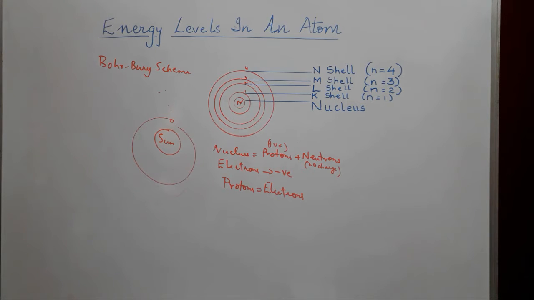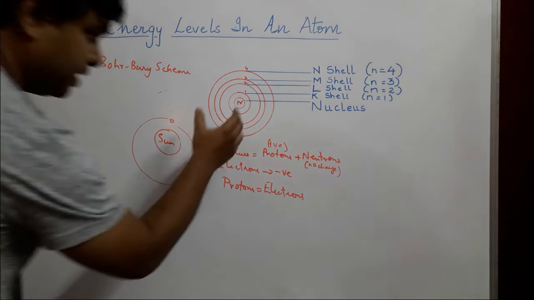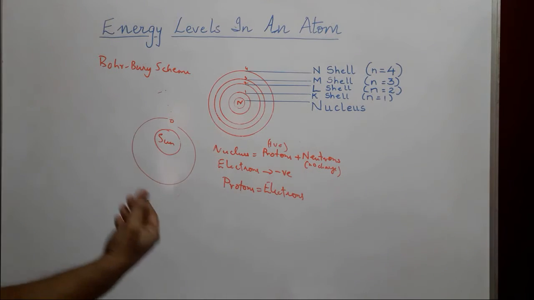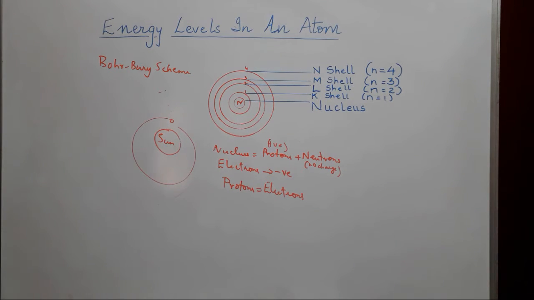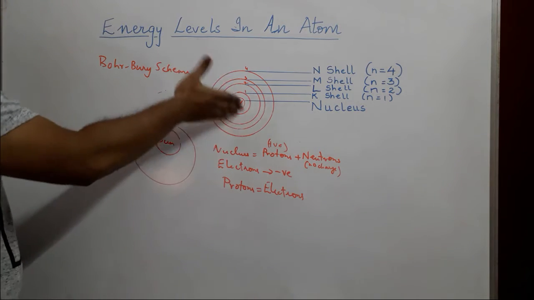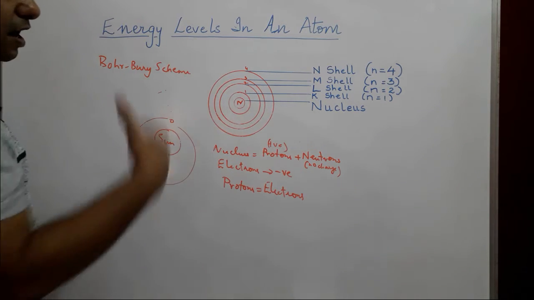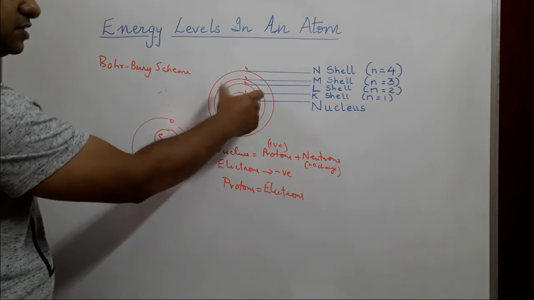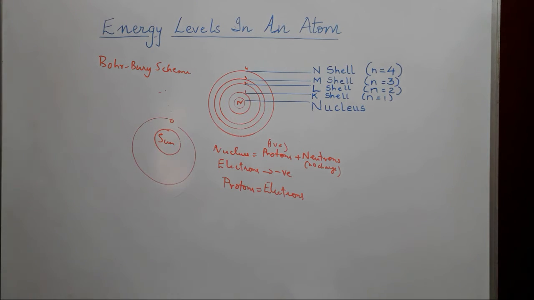So how many electrons can be occupied by the first shell, second shell, third shell, fourth shell. That is what the Bohr-Bury scheme basically gives us: a criteria or a rule, you can say, of how the electrons fill up in these various shells and how many slots are available in each shell. Okay, so let's have a look at this Bohr-Bury scheme.